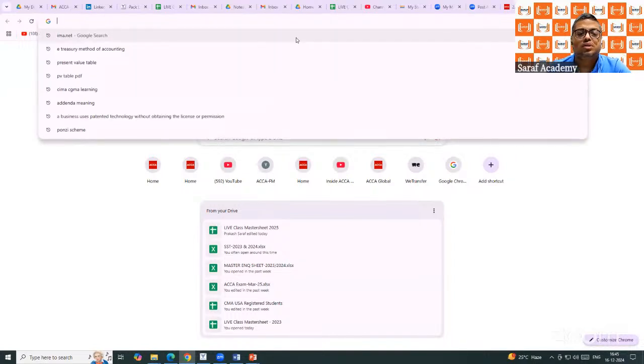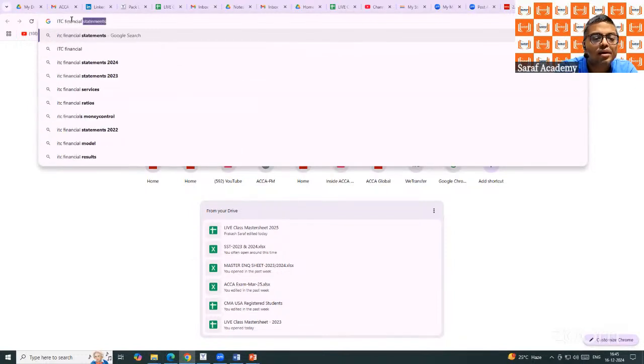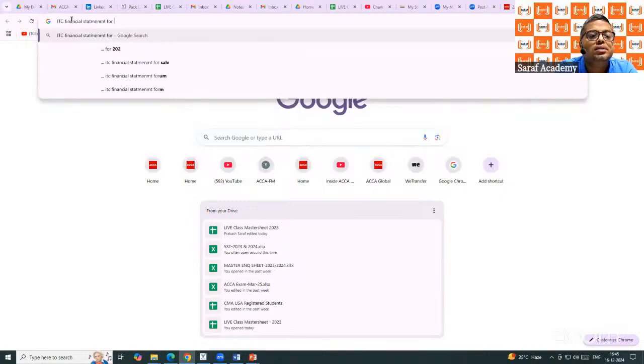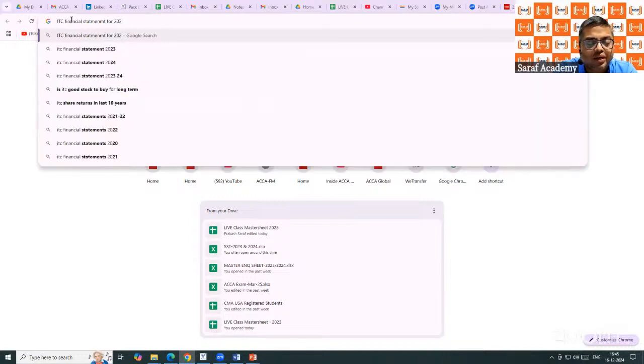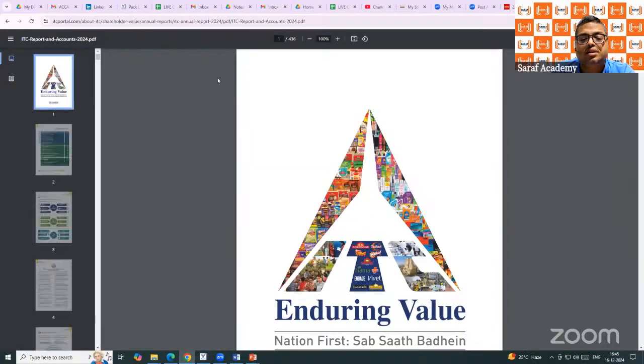Suppose the ITC financial statement for 2024. Okay? ITC's financial statement is 436 pages.